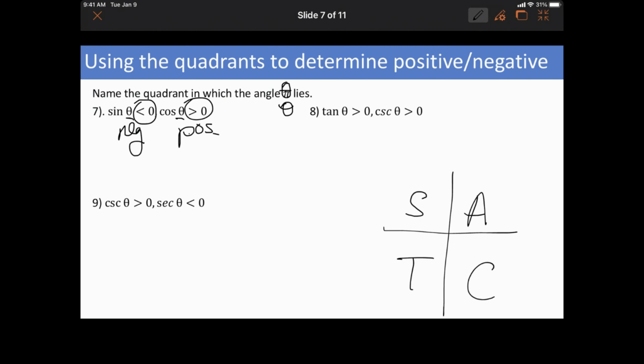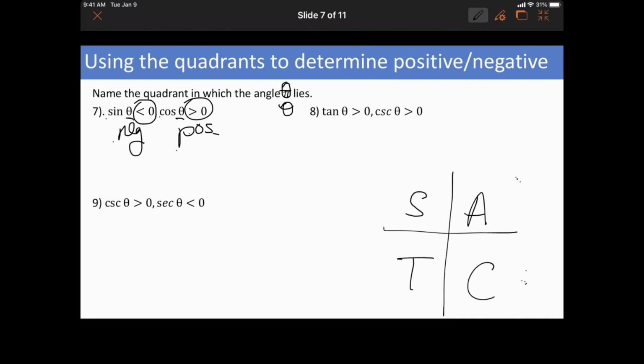So what quadrant is sine negative in, but cosine is positive? Okay, so I usually do the positive one. So cosine is positive here and here. And then it says sine is negative. Well, everything's positive here, but sine is positive. Sorry, I said that wrong.